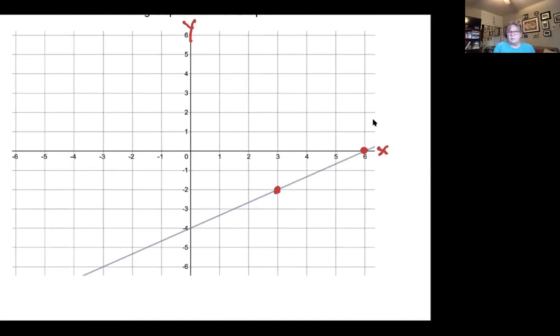So first is rise, how far up? I want to go from this bottom point, and I usually like to start at the bottom point. There's a reason for that, and I'll tell you about that later. And then I go up to the level of my other point. And then run is how far do I have to go across, right or left. So there's rise and run.